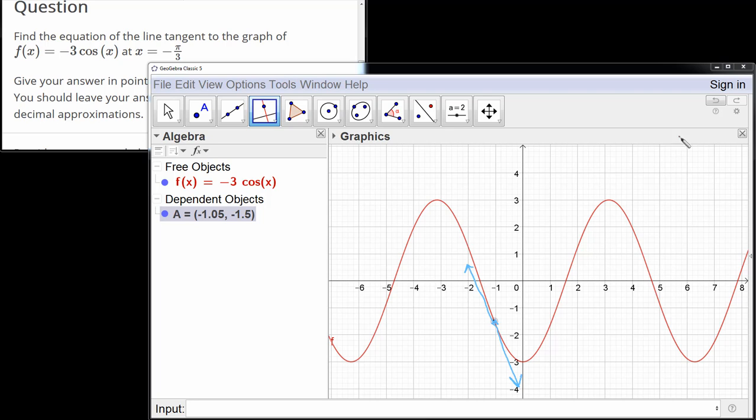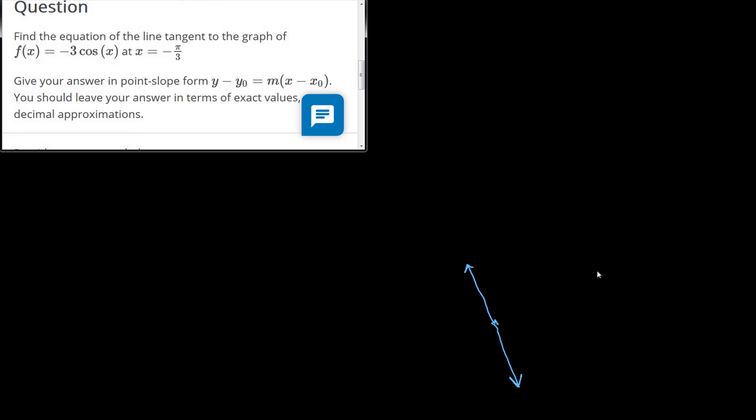All right. Let's get rid of GeoGebra, but I'm going to leave that line there because I want to be able to compare my prediction with our final answer. But how are we going to do this? It tells us the form it wants us to use.